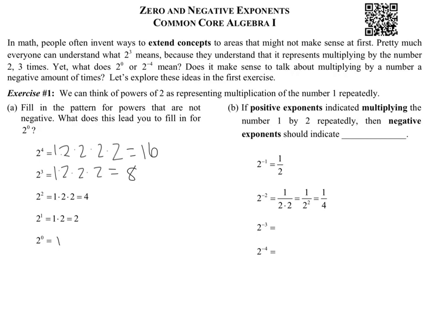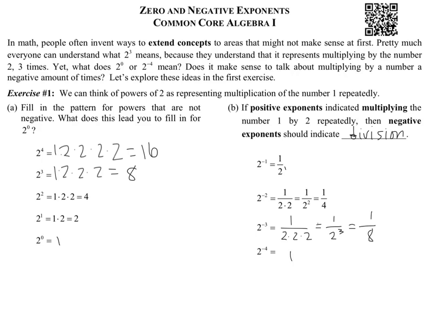So positive exponents indicate multiplying the number 1 by 2 repeatedly. Then negative exponents should indicate division. So 2 to the negative 1 power is 1 over 2 to the 1st power. 2 to the negative 2 power is 1 over 2 times 2, which equals 1 over 2 squared, which equals 1 over 4. 2 to the negative 3rd power is 1 over 2 times 2 times 2, which is 1 over 2 to the 3rd power, which is 1 over 8.